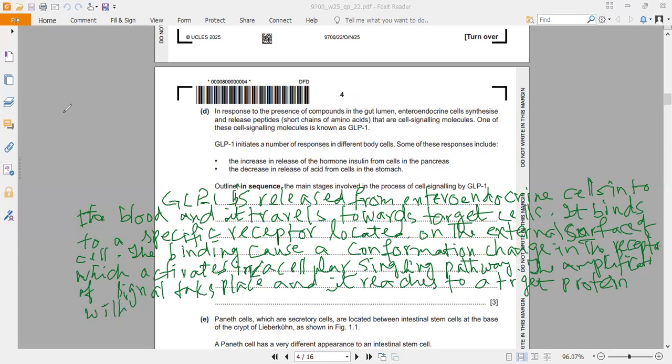Which triggers the specific response, which can be the increase in the release of the hormone, or which can be the decrease in the release of acid from cells in the stomach.